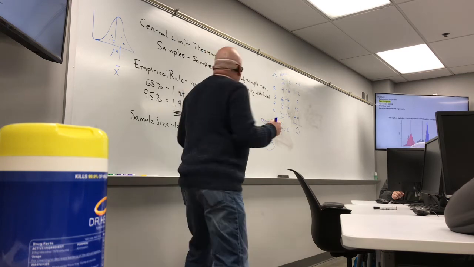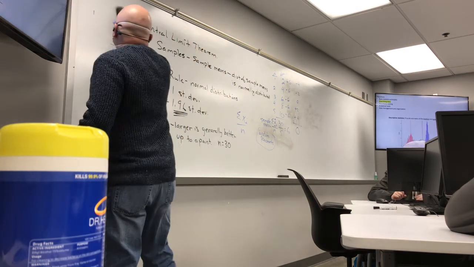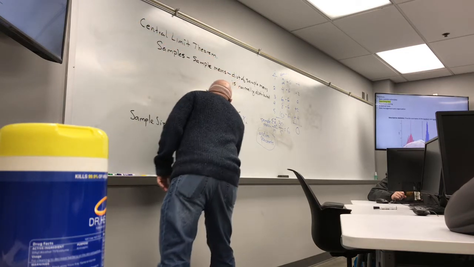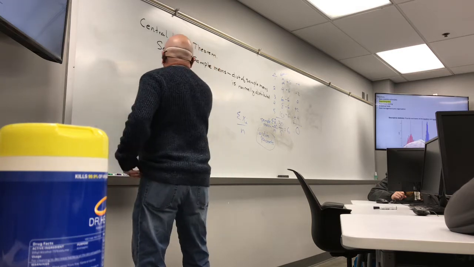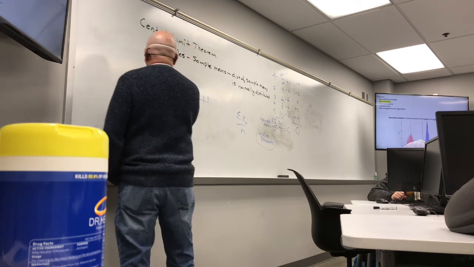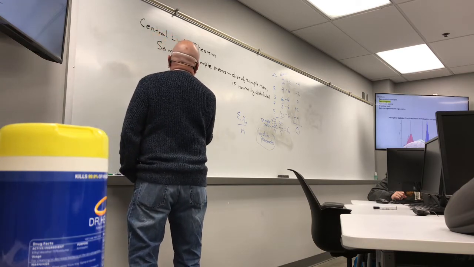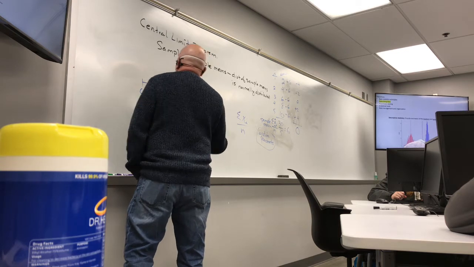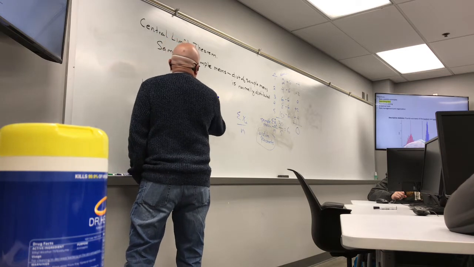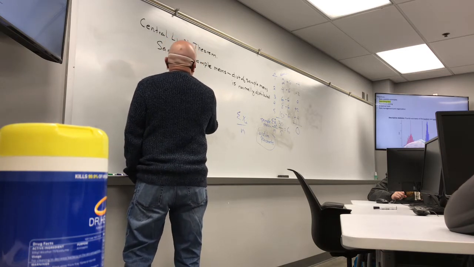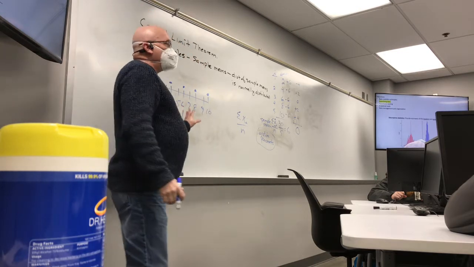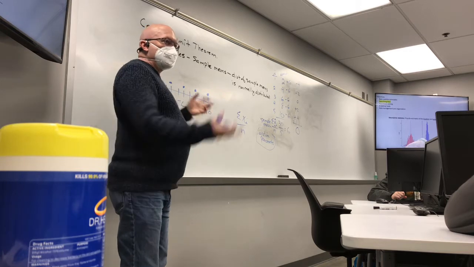Because if you think about it, within a sample, we have an observation here, an observation here, an observation here, an observation here, and an observation here. We average all of those up. We find that the sample mean is here. The sample mean is always going to be in the middle of the density of your sample.